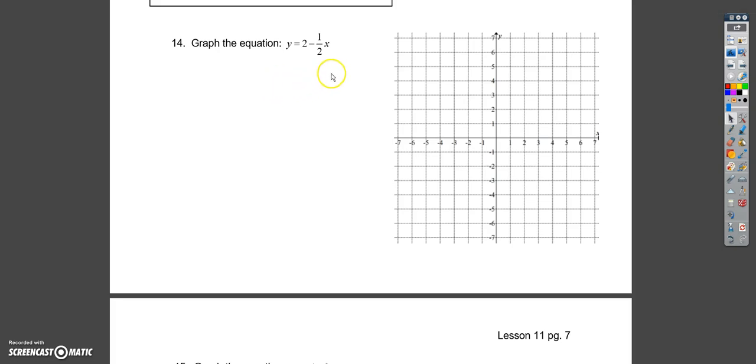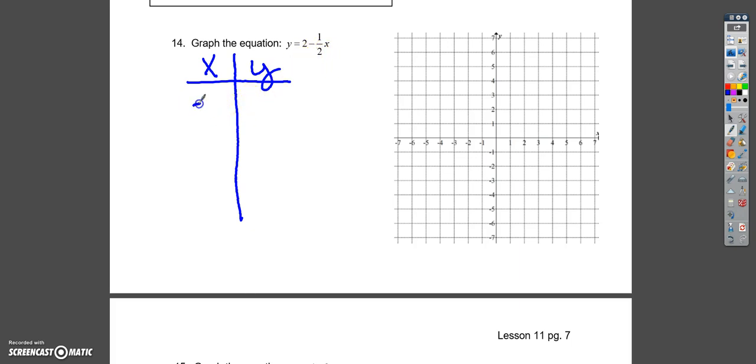So 14, it's the same thing that we've been doing, except we have to pick and make our own table. X and Y. And if they don't give you numbers to put in, then you get to pick numbers to put in. And if you have a fraction, it's always best to pick whatever number's on the bottom of that fraction.